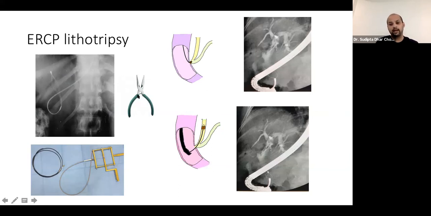One, of course, is a plier, which is a very helpful accessory, and the other is any form of a lithotripter. What we have in our center is a Soehendra lithotripter. With the Soehendra lithotripter, we have two other lithotripsy accessories. This is a through the scope lithotripter, and this is without the scope lithotripter.